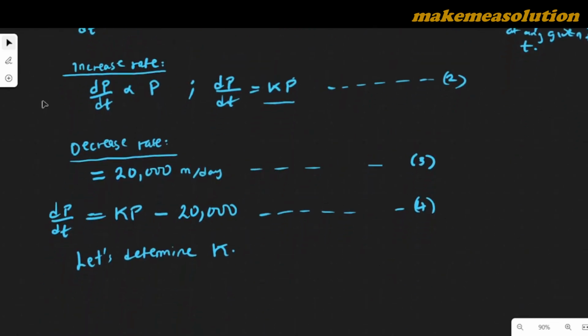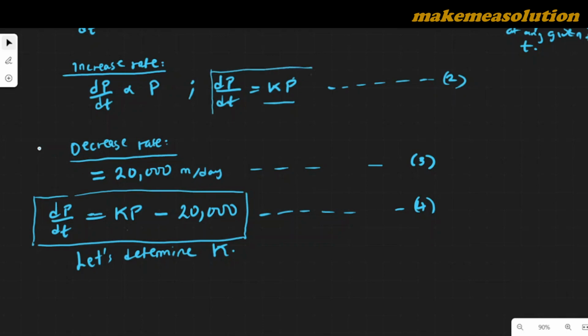Okay, so look at the original equation, or look at our central model. This central model captures both the increase rates and the decrease rates, and the decrease rate is as a result of contribution from other factors. Now look at the equation for our increase rates.